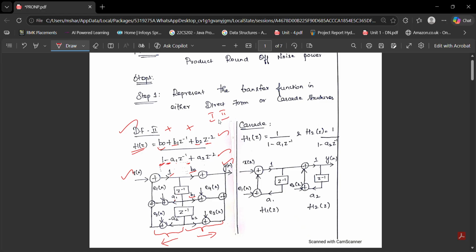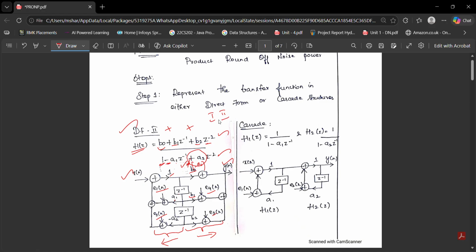As I said, the denominator should have minus, but here it is plus a2, so we put it as minus of minus a2. We represent it in the minus form, so minus a2, and the direction will be from right to left. We will also have e1 of n, e2 of n, e3 of n, and e4 of n. These are the errors formed due to this realization.